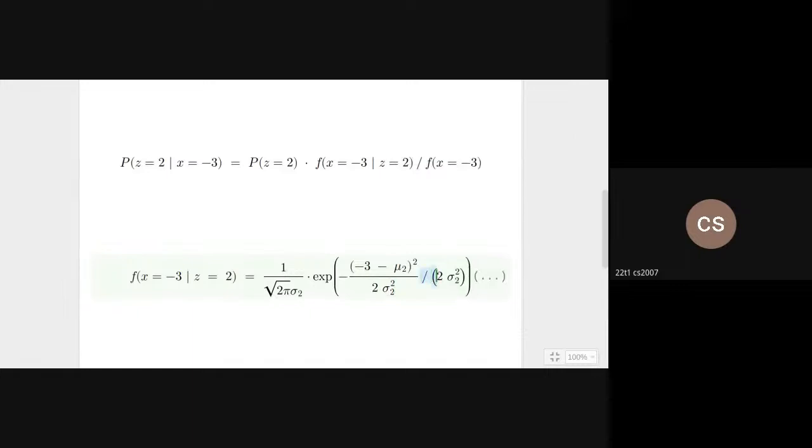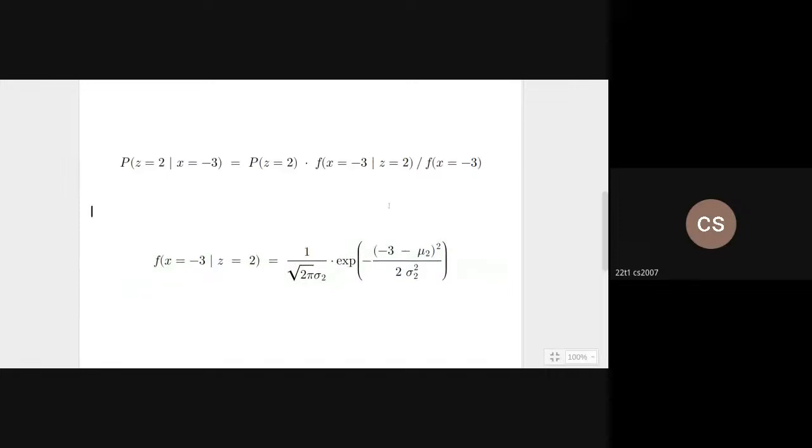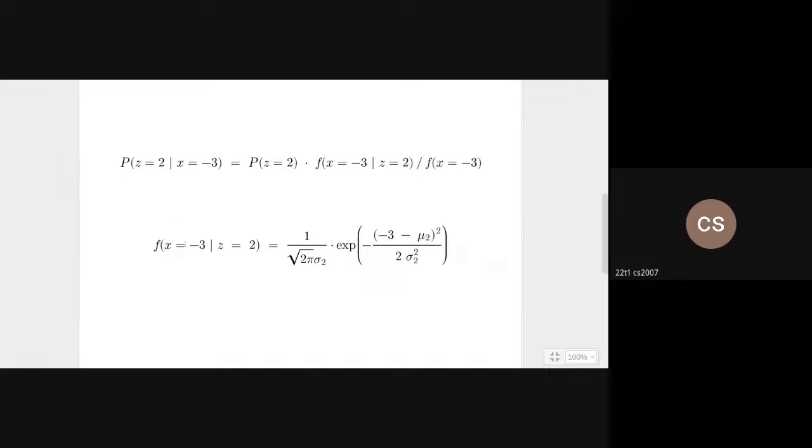So this is the density of the Gaussian at x equal to -3, given that the mixture is 2: 1 by root 2 pi times the standard deviation of mixture 2, into e power minus x minus mu whole square by 2 sigma square. Once you compute this value, it is done.